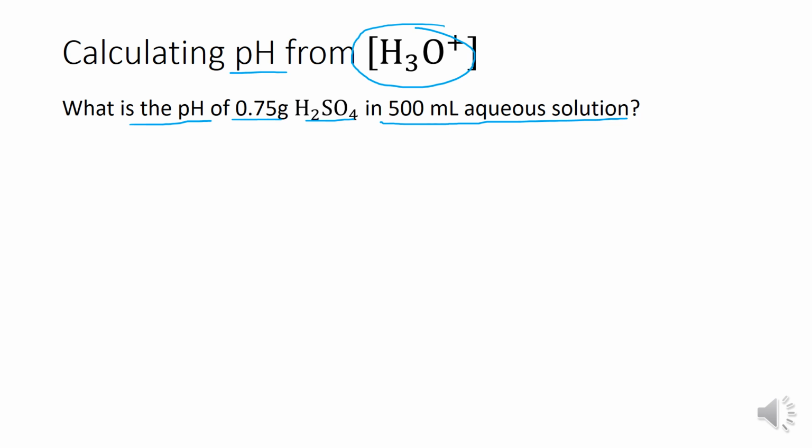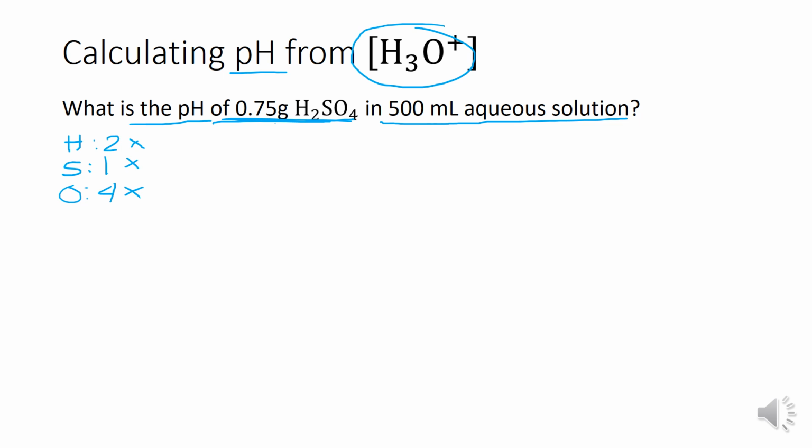And for that, we need the mole of solute. What we are given is the mass of solute in grams, so it looks like we have to first calculate the molar mass of sulfuric acid. Let's do that. In sulfuric acid, we have H2SO4: two atoms of hydrogen, one sulfur, and four oxygen.